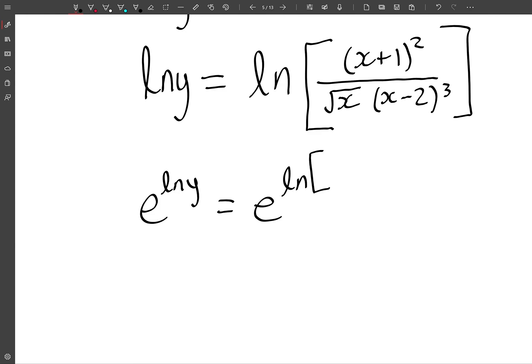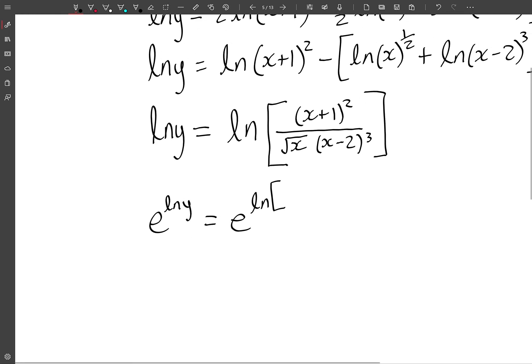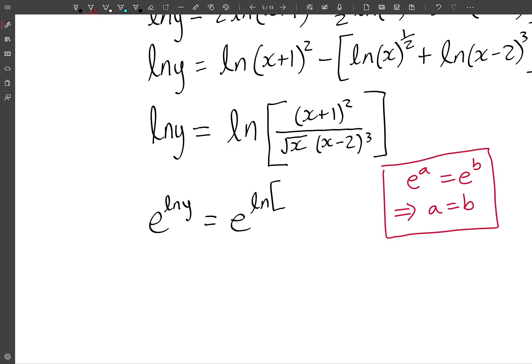The reason we can do that is obviously if e to the a equals e to the b, then it follows that a equals b, right? That's pretty logical. So now I have e to the natural log of x plus 1 all squared all over the square root of x times x minus 2 cubed.